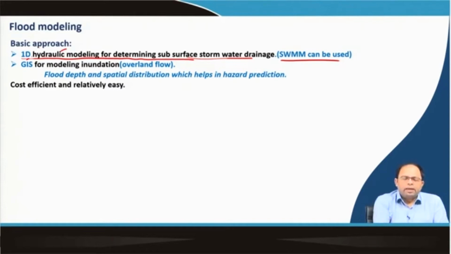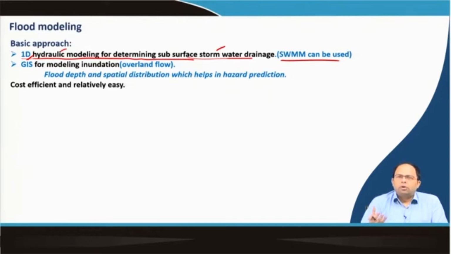And 1D is basically one dimensional, in one direction the water is flowing, that is along that particular stormwater channel. So, when we design a minor network we can go for 1D hydraulic modeling, and using SWMM we can determine which are the nodes that are getting flooded.